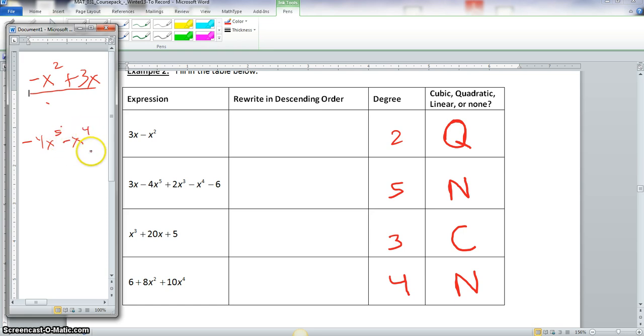And I'm going to run out of space here, but you could write this straight out. Plus 2x to the 3rd plus 3x minus 6. So that would take care of the second expression. The third expression is already written in descending order. And the last expression, we have to write 10x to the 4th plus 8x squared plus 6.